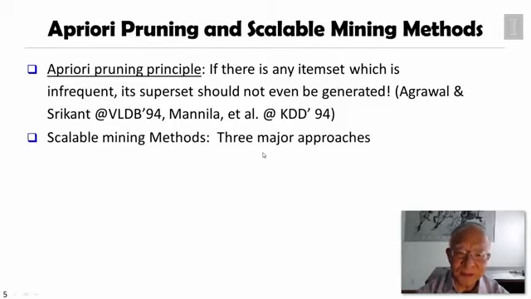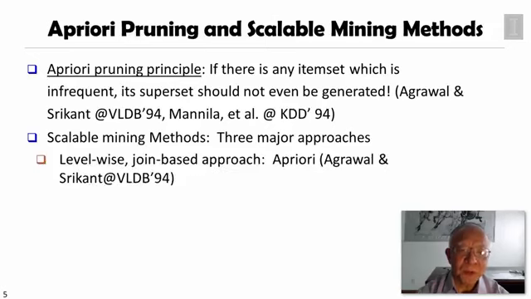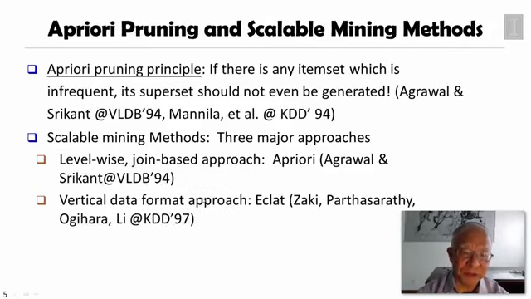Based on this, there are three major approaches developed in subsequent studies. One essentially is Apriori. The first representative work was published in VLDB 1994, called the level-wise join-based approach.